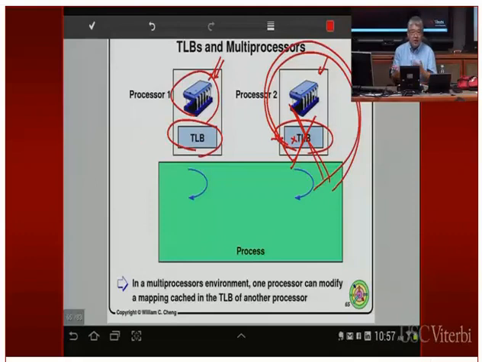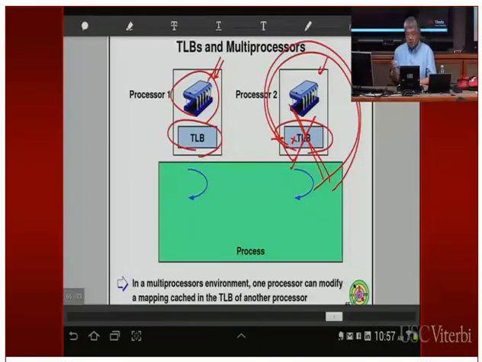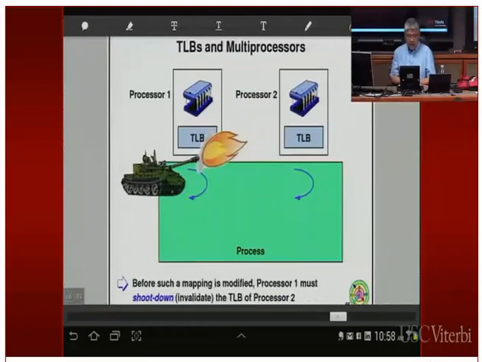Invalidating only one entry is something fancier hardware can do. So we need to be able to invalidate the translation look-aside buffer in the other processor. As it turns out, this is a little tricky, so you have to do it in the right way. You have to run an algorithm to perform that, and that algorithm is known as the shoot-down algorithm.